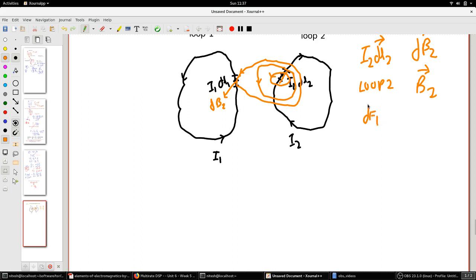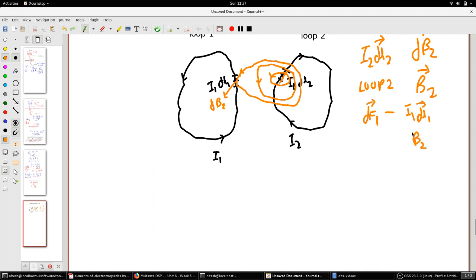dF1 is the force experienced by I1 dl1 placed in a magnetic field B2.